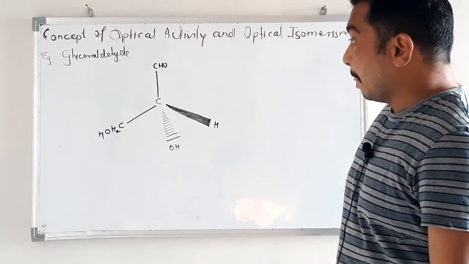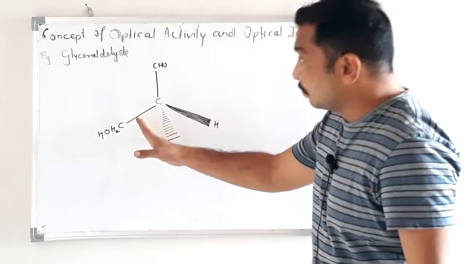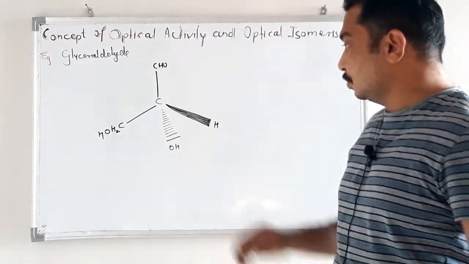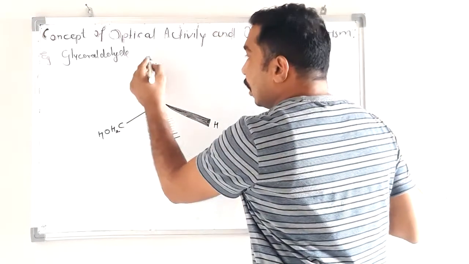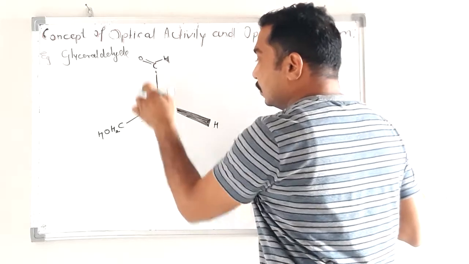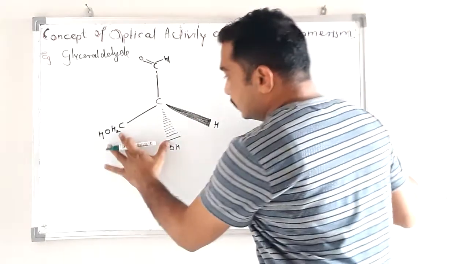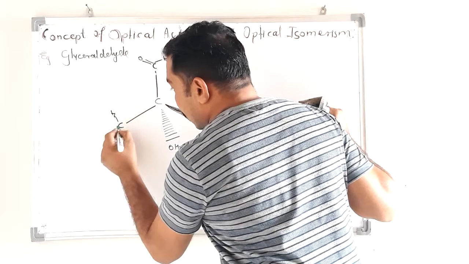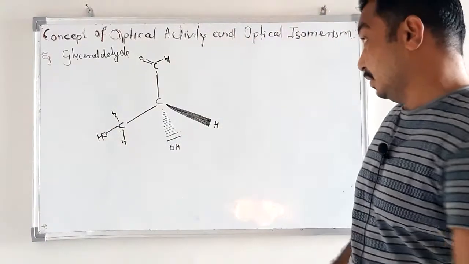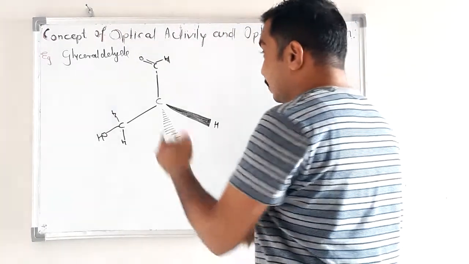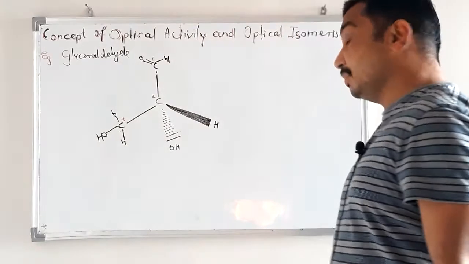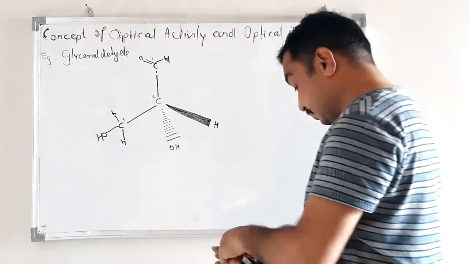See, if this compound contains an asymmetric carbon atom, then it may be optically active. Just go through this example. See, how many carbon atoms are present in glyceraldehyde? 1, 2, 3. And see how many sp3 hybridized carbon atoms are present. The total number of carbon atoms is 3.